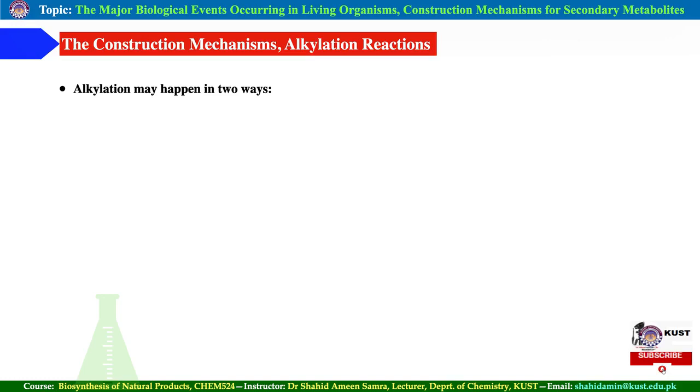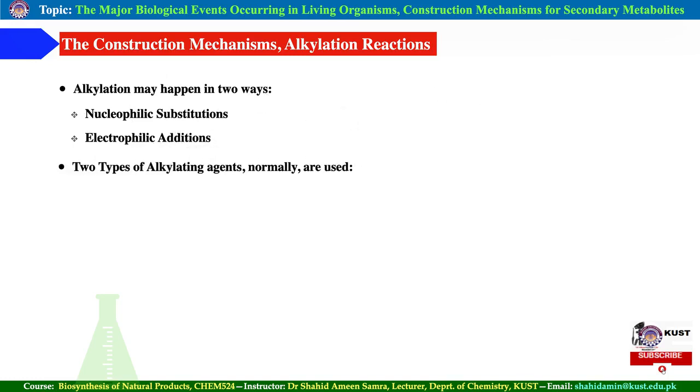So alkylation can happen in two ways. The first way is nucleophilic substitution, and the second one is electrophilic substitution. So nucleophilic or electrophilic, either of these reactions may happen while carrying out alkylation. There are two types of mechanisms, and there are two types of alkylating agents that are responsible for donating the alkyl groups.